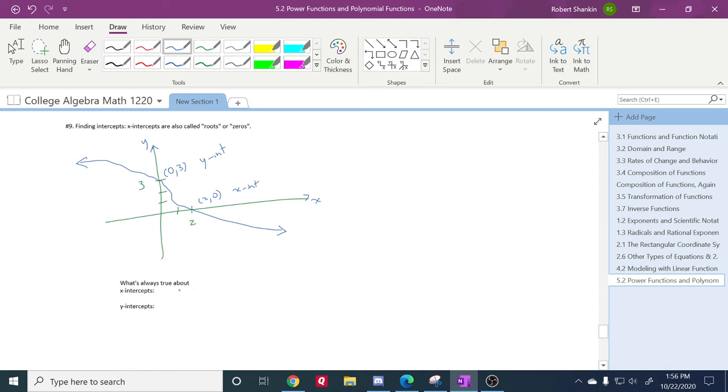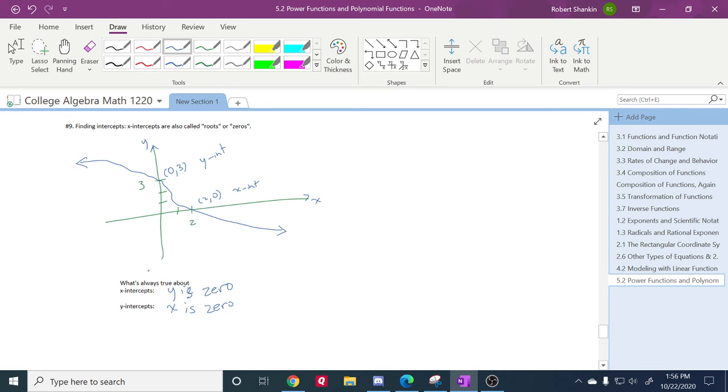For x-intercepts, the y-coordinate is always 0. And a y-intercept? Yeah, the x-coordinate is always 0. It's interesting to think about why this is true.